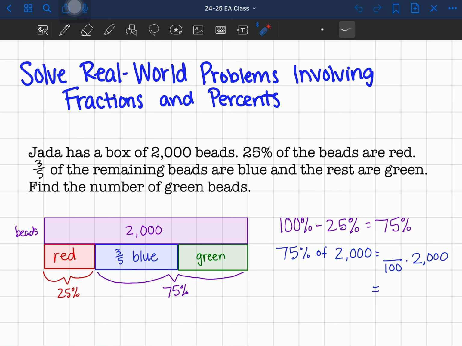We know that 100% minus 25% is 75%, right? So blue and green make up 75%. Since we know that there are a total of 2,000 beads, we're going to find what is 75% of 2,000.